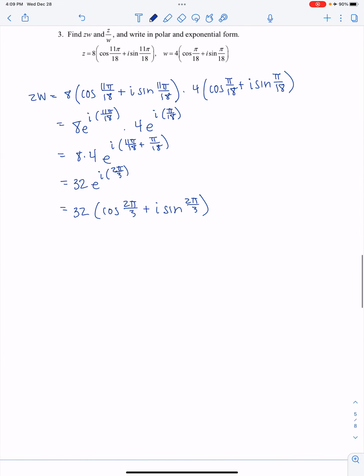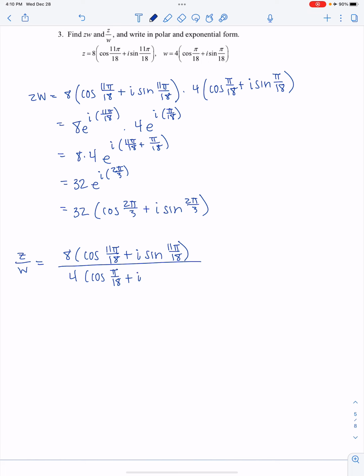Now let's find z over w. Let's start by writing it out. So we have 8 times cosine 11 pi over 18 plus i sine 11 pi over 18, over 4 times cosine pi over 18 plus i sine pi over 18.